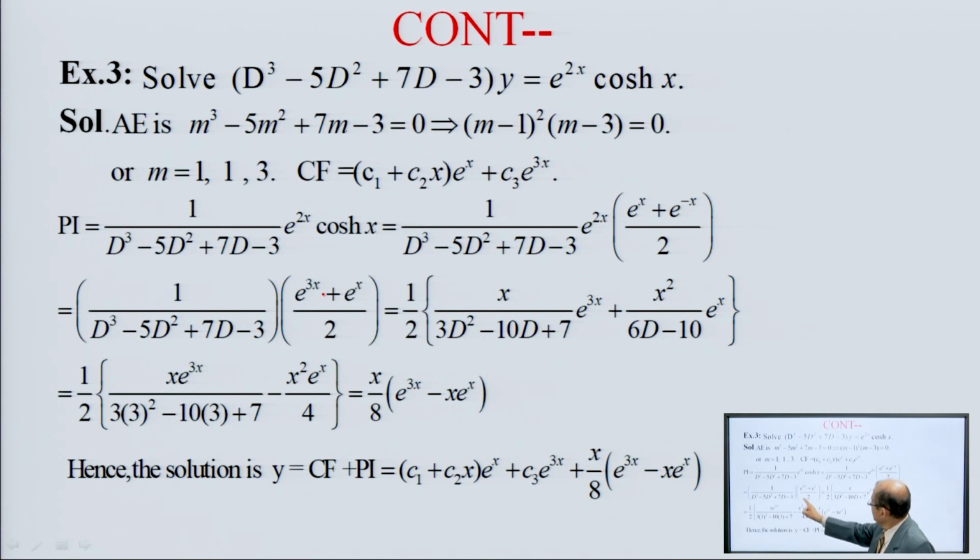In the second term we again differentiate two times, because it becomes 0 again. In the first particular integral we replace D by 3, and in the second D by 1, and we get x/8 e^(3x) − x e^x. Hence the complete solution is the complementary function plus the particular integral: (C1 + C2 x) e^x + C3 e^(3x) + (x/8) e^(3x) − x e^x.